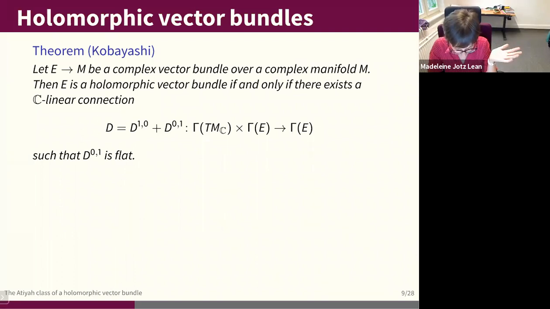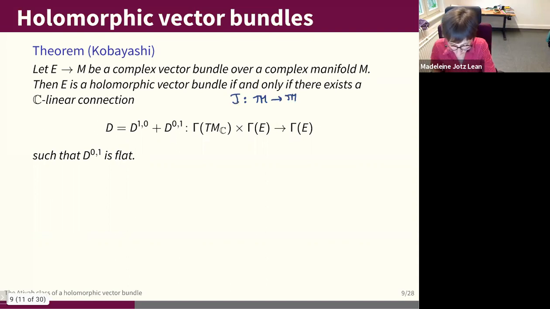But there's a nice definition which I attribute to Kobayashi because I found it in his book. I'm not sure whom this is due to. So you can say a complex vector bundle can be made holomorphic, or is holomorphic, if it carries a C-linear connection. C-linear means C-linear in the second argument, of the complexification of the tangent bundle of M. So you have J, let's call it J, the complex structure on TM.